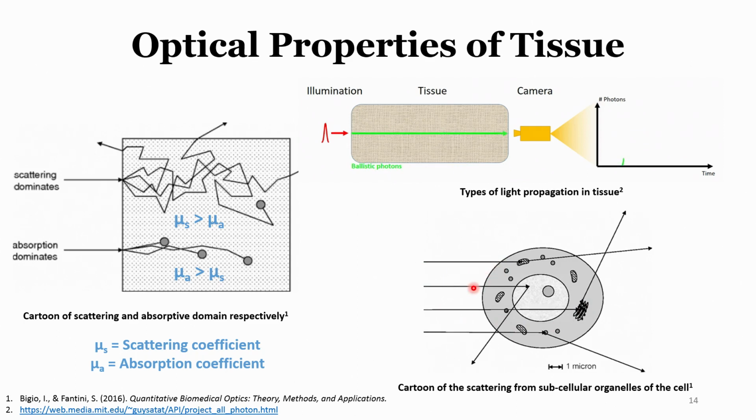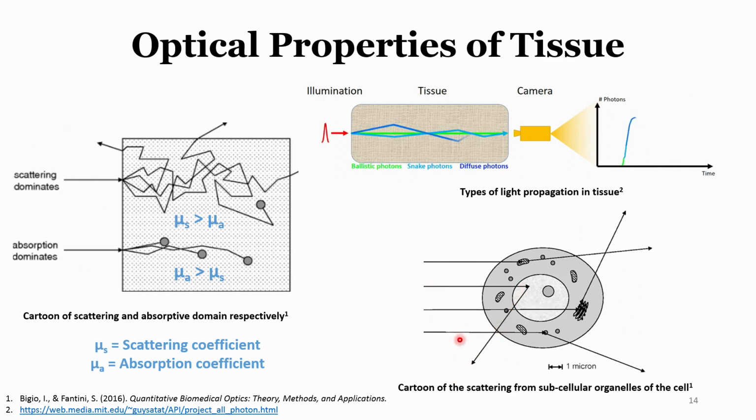So, what do we see over here? We see that some of the organelles are actually refracting the light. The light is passing through and then it is getting refracted by a certain angle. We also see that the light is hitting the nucleus inside this cell and it is getting back scattered.